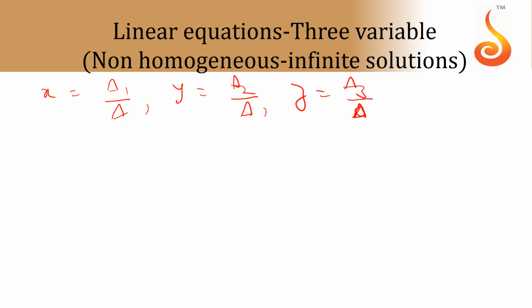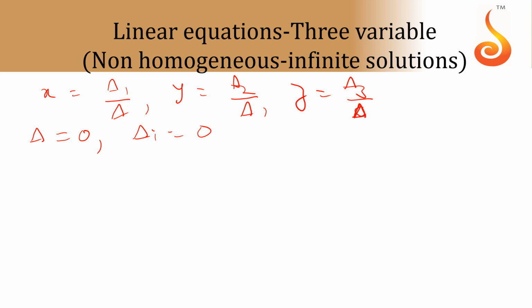So when you want infinite solutions, remember that delta should be 0, and not just any one of delta 1, delta 2, delta 3, all should be zeros. If all the deltas are 0, then you will get indeterminate forms.